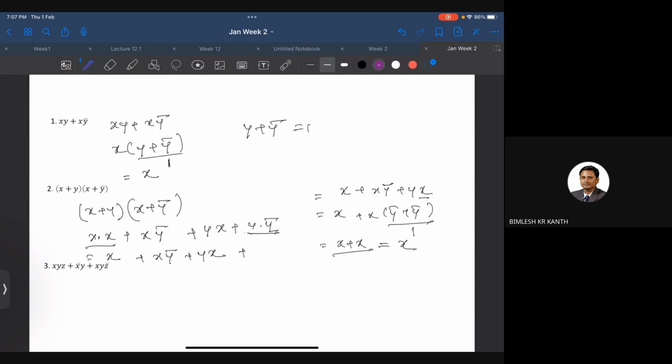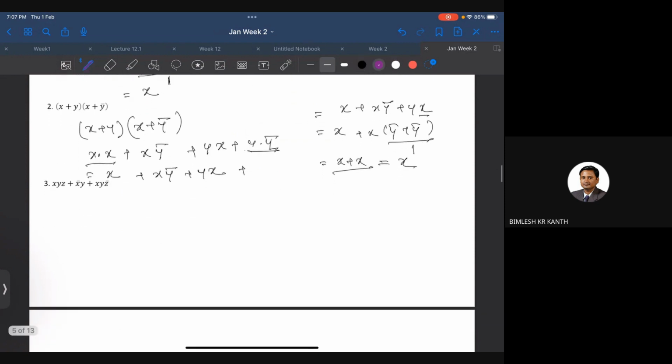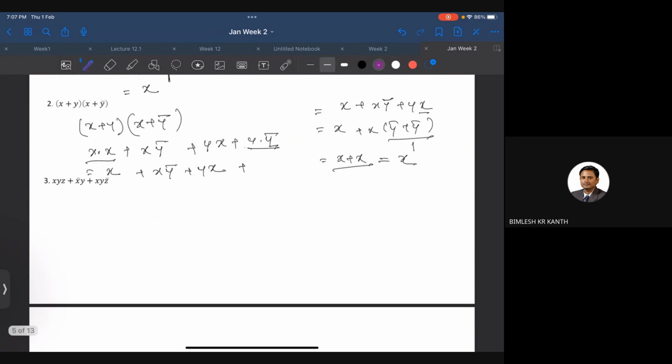Okay, now we'll solve the next question: x y z plus x bar y plus x y z bar. You can take xy common, so xy times (z plus z bar) plus x bar y, and that will be 1.